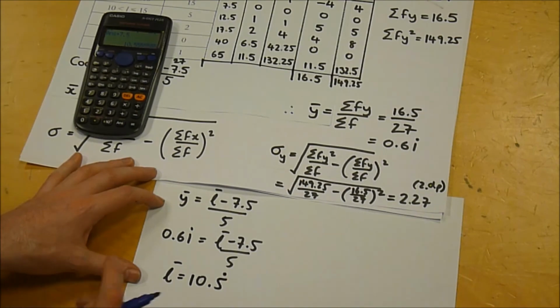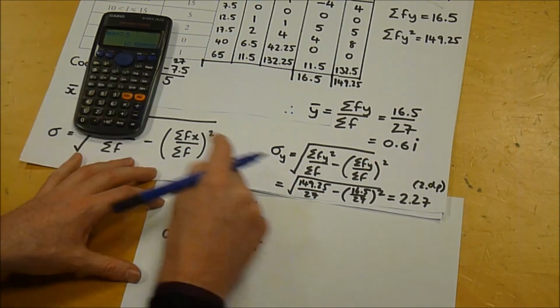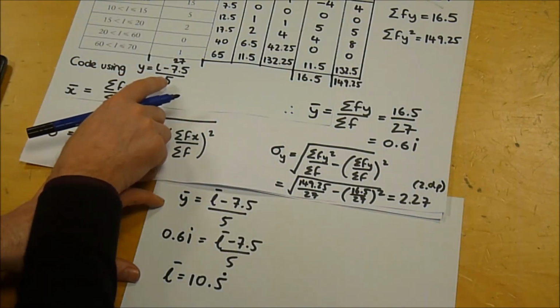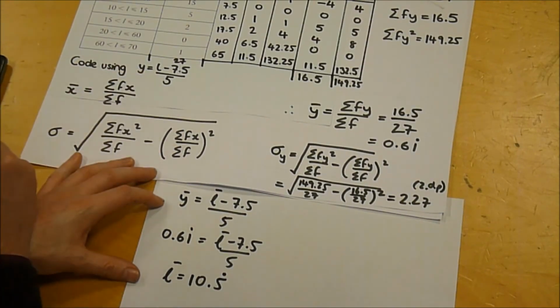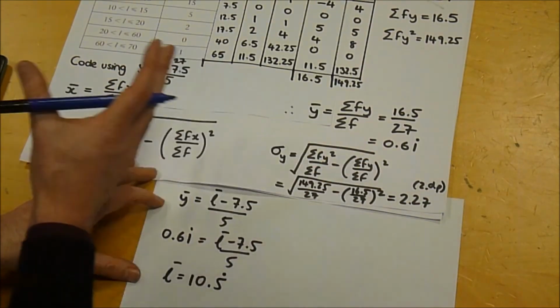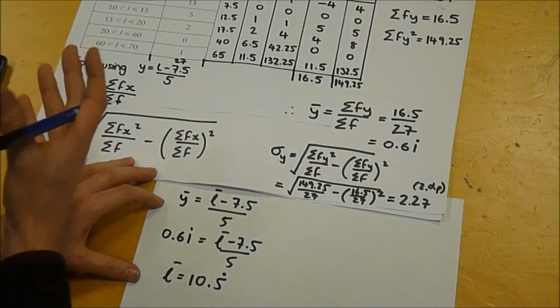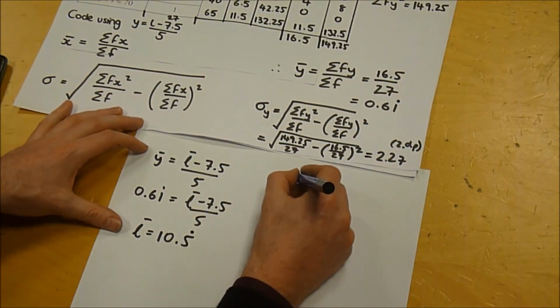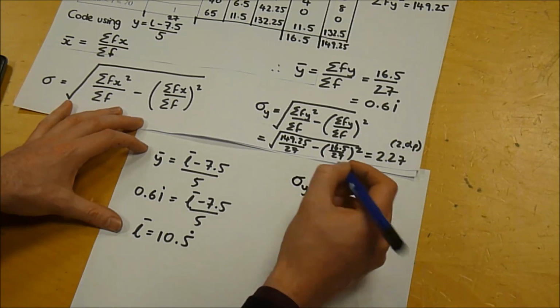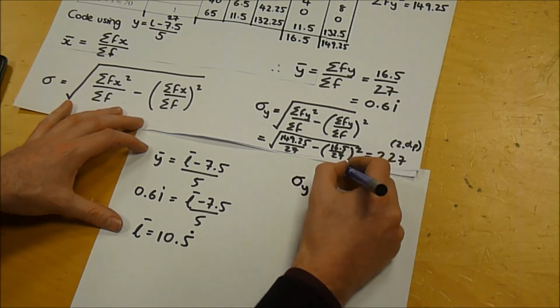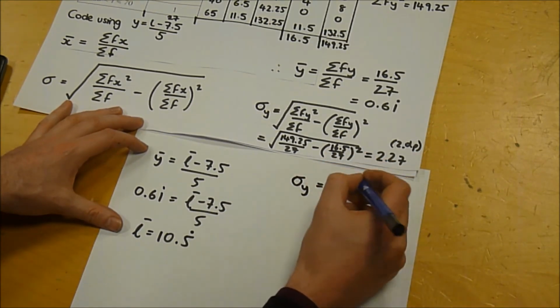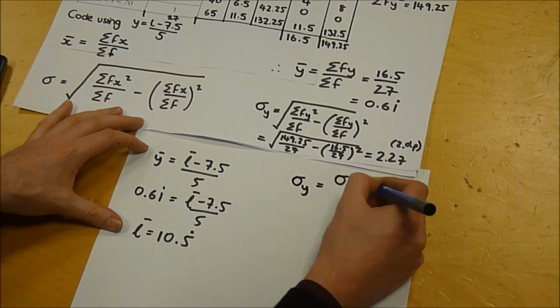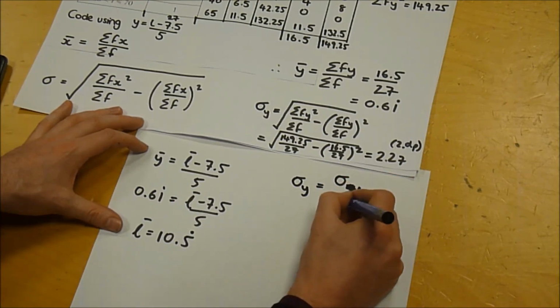On the other hand, only the multiplying or dividing by 5 affects the standard deviation, because when we move our data by subtracting, that doesn't change the spread. So we've got that the standard deviation of y is equal to the standard deviation of L over 5.